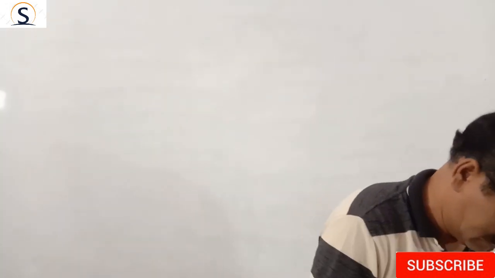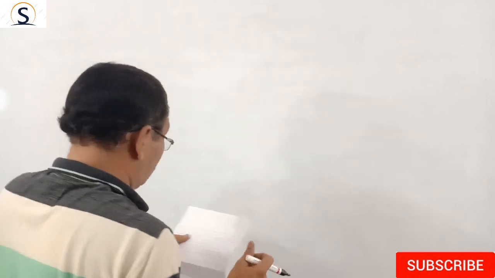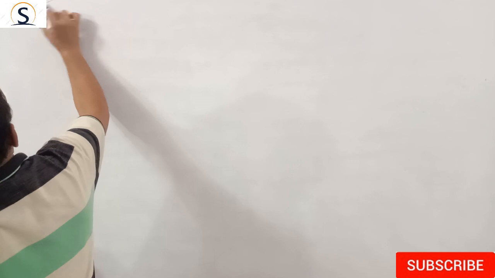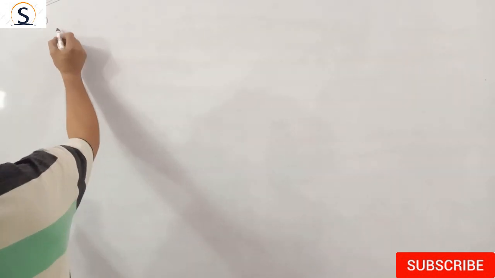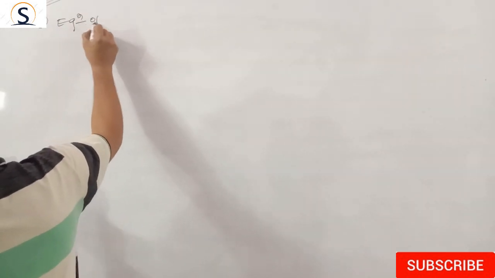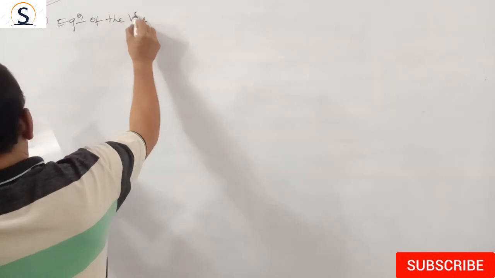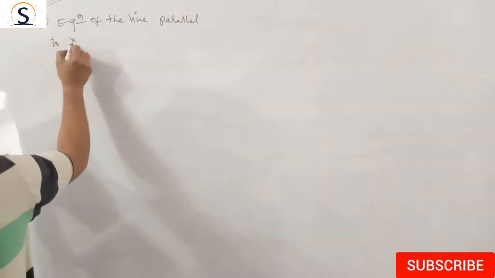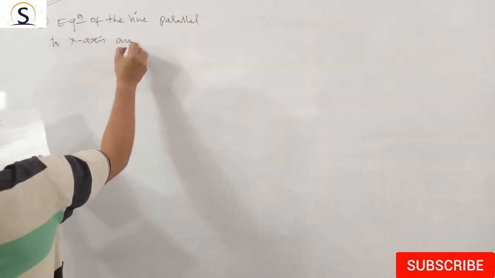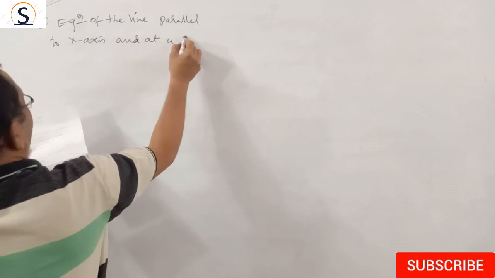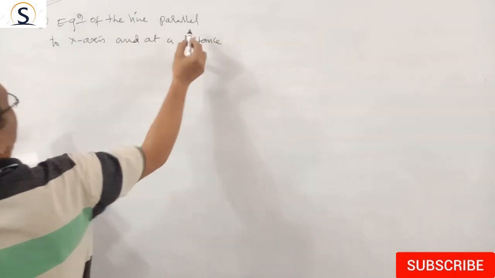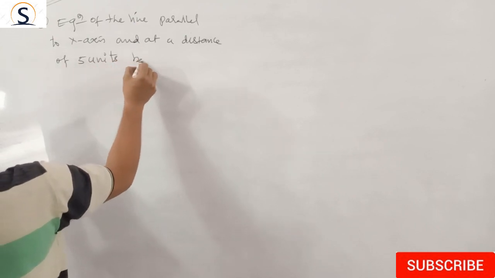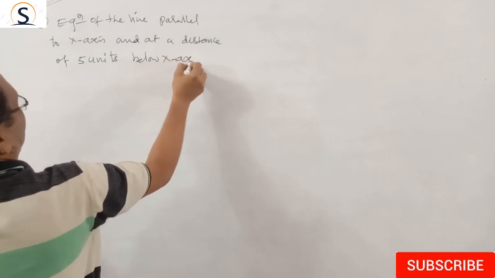The first problem: equation of the line parallel to x-axis and at a distance of 5 units below x-axis.